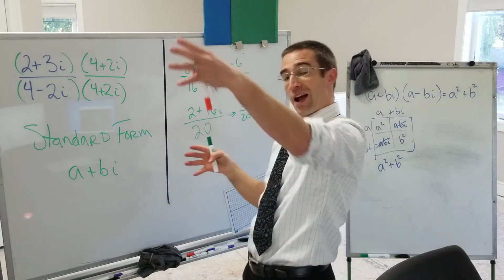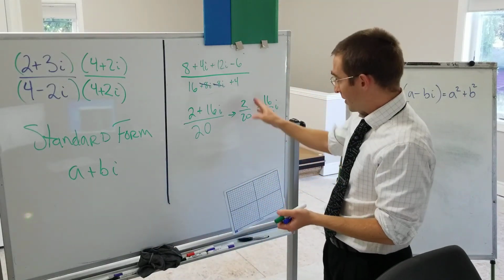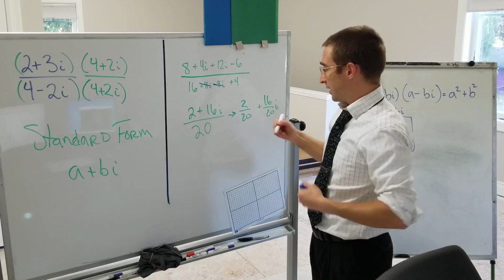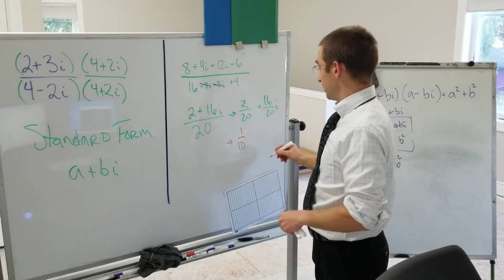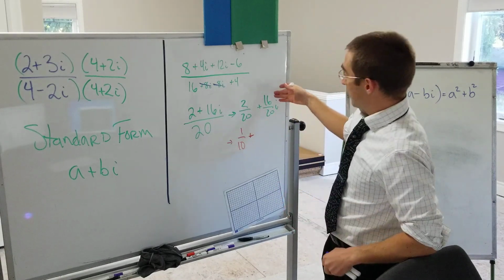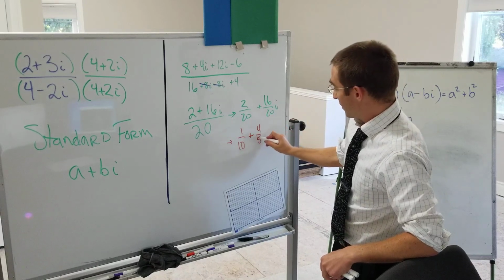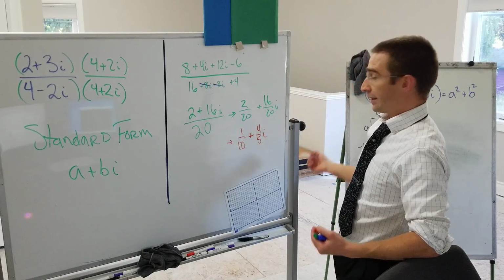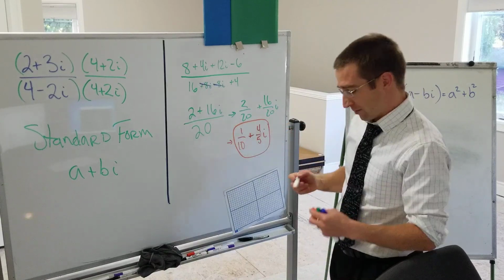I'm factoring out that 1 over 20, but keeping it on each term. So now I simplify. 2 over 20 is 1/10. That's my real part. That 1/10 is keeping it real. And then plus 16 and 20, 4 goes into both of those, so 4/5 i. And that's it. 1/10 plus 4/5 i. That's our answer.